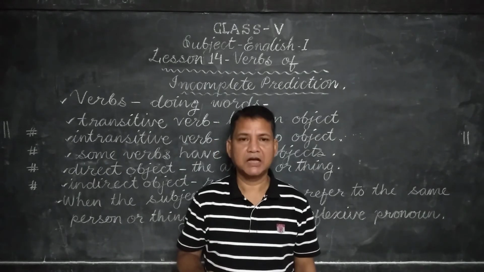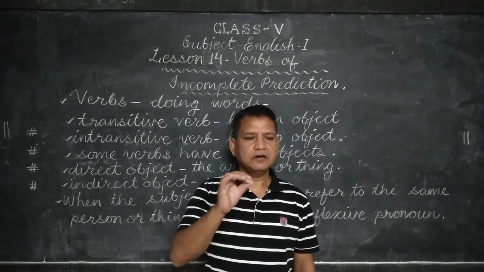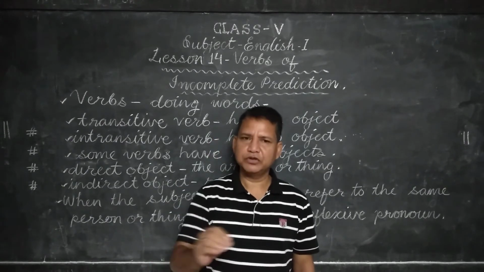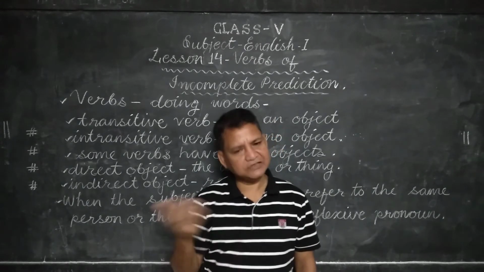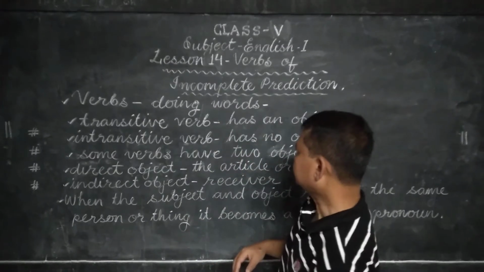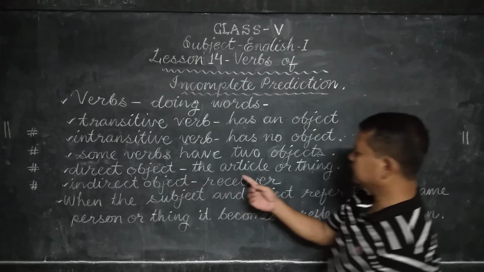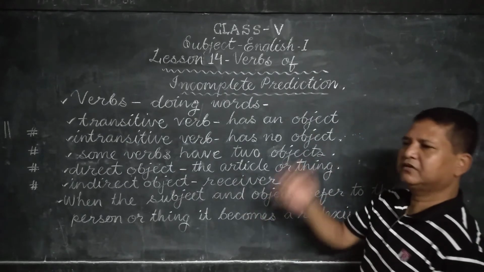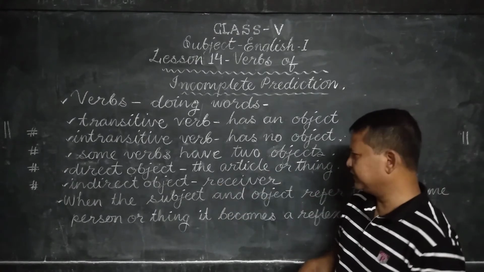Sheila. So Sheila is the indirect object. Book is the direct object. Sheila is the indirect object because she is receiving the book. So here, the direct object means the article or the thing which has been given, and the indirect object is the receiver or the listener.